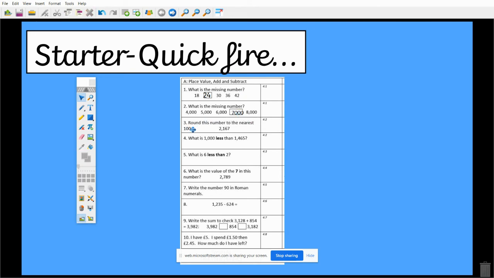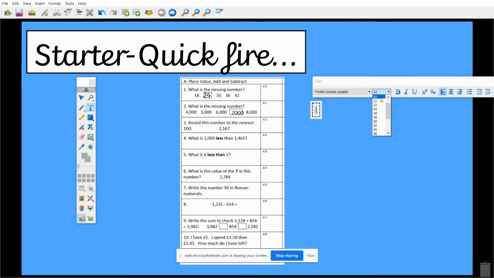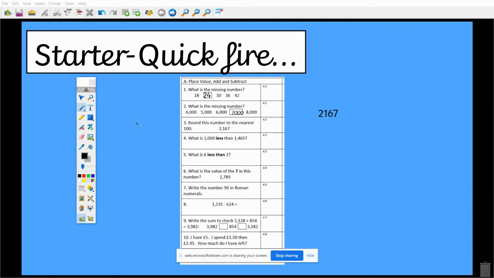Round this number to the nearest hundred. So if we have the number 2,167, remember, when we're rounding to the nearest hundred, we look at our indicator number. This is the number in our hundreds column, so we look at this number here.